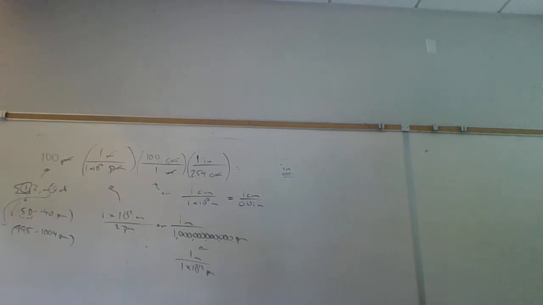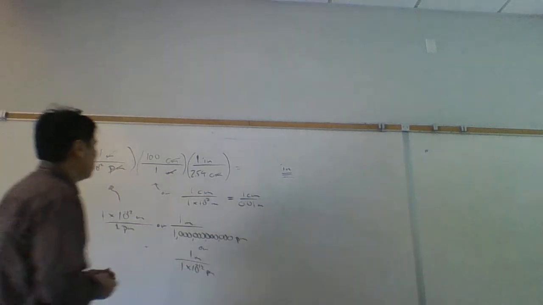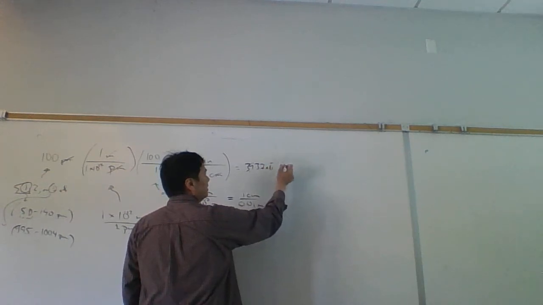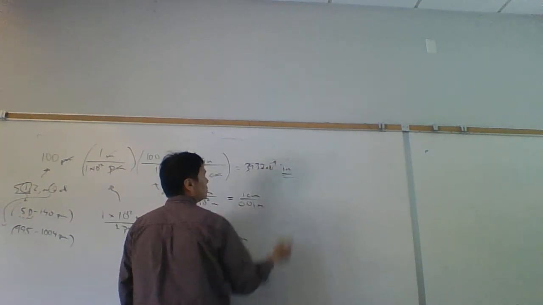Just go in order. Divided by 2.54. And then that's it for the math. So we did the dimensions, now we're doing the math. All right, now this gives me 3.937 times 10 to the minus 9 inches.